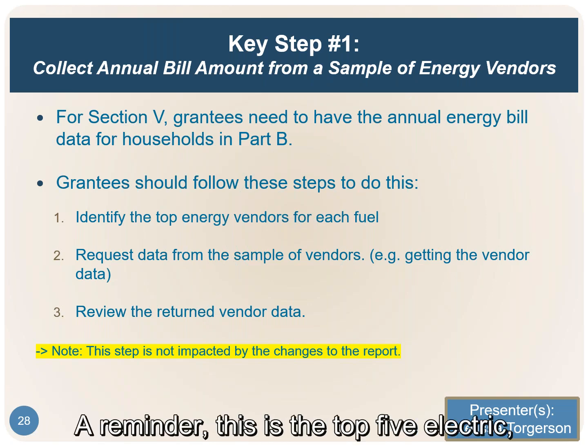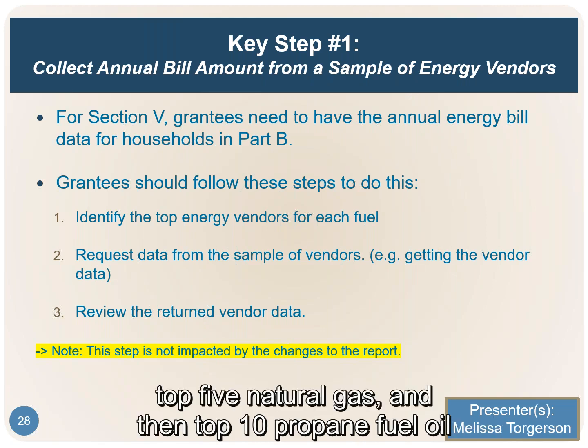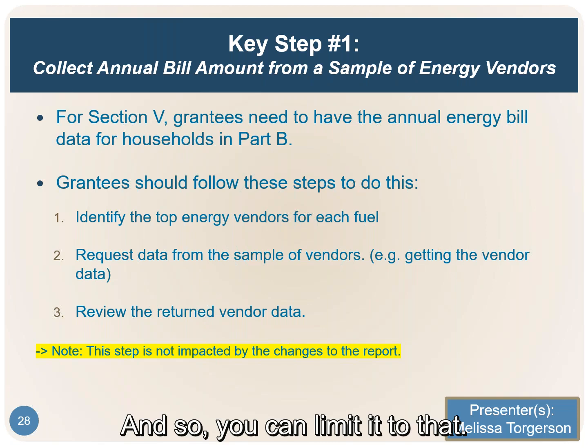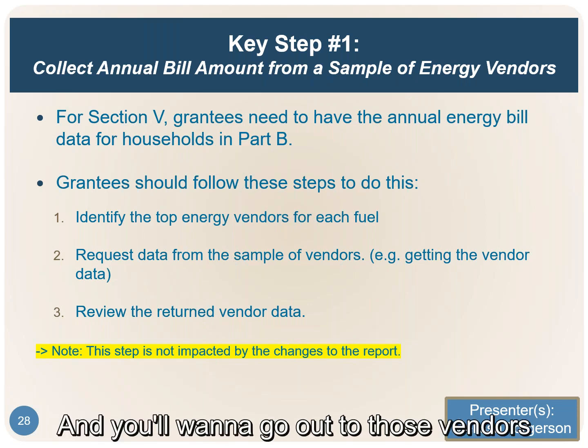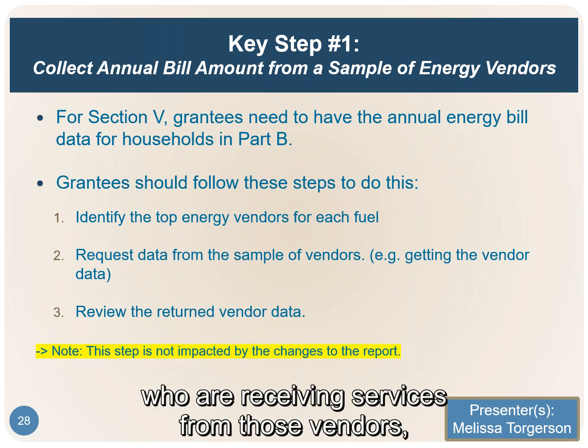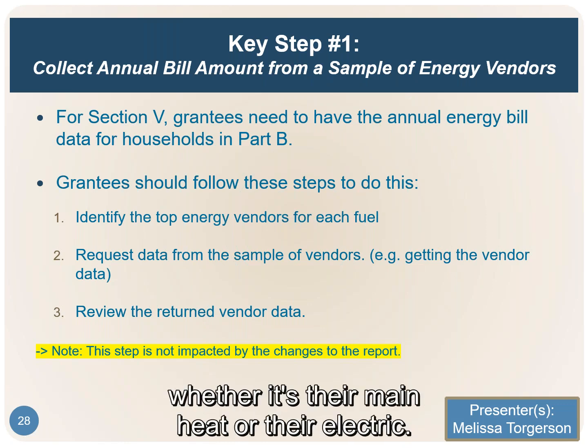A reminder, this is the top 5 electric, top 5 natural gas, and then top 10 propane, fuel oil, or other types of fuel. And so you can limit it to that, and you'll want to go out to those vendors and get whatever data you can for the households who are receiving services from those vendors, whether it's their main heat or their electric.